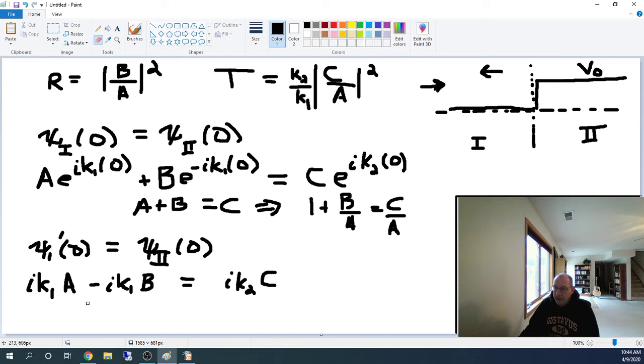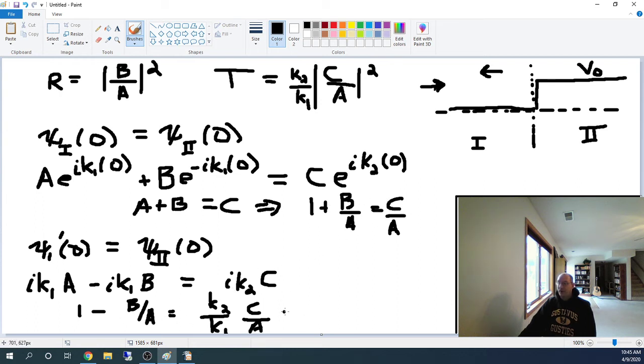I get the expression something like 1 minus B over A is equal to k2 over k1 times C over A. All I did there was first divide both sides by k1, that's k2 over k1, and then divide both sides by A. That gives me the 1 here, and B over A there. So now I've got an algebraic equation in B over A and C over A. I can solve for them individually, and you get what we get in the solution.